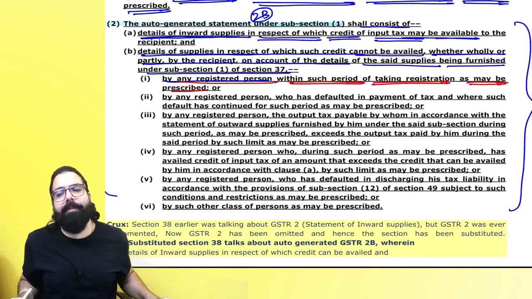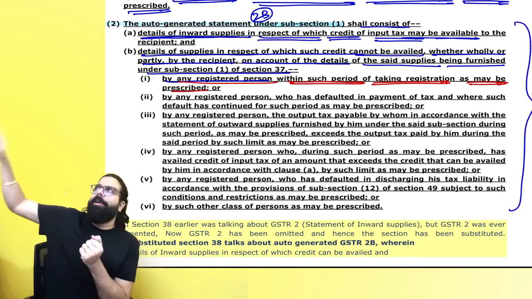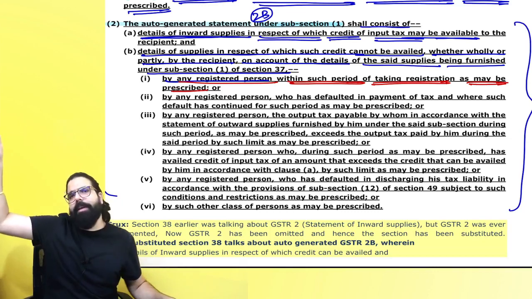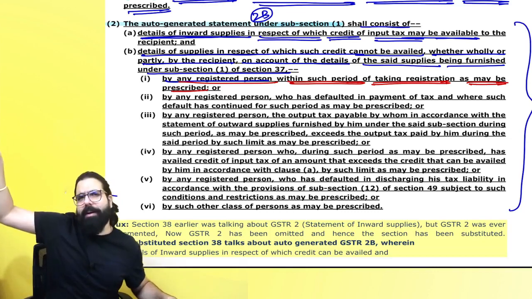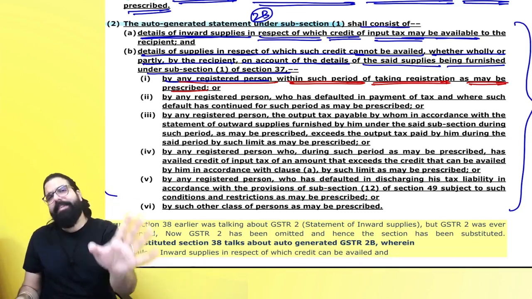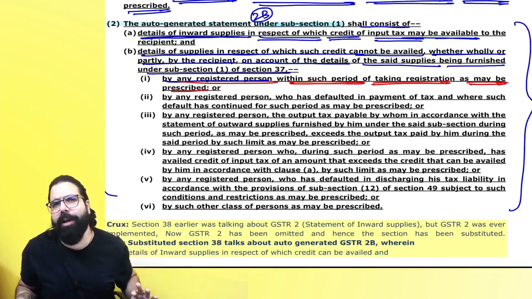Nothing has been prescribed now, but the government is telling, if one person takes registration, then between this period, if he is showing details in GSTR1, it will go to the recipient's GSTR2B restricted column, hence the recipient will not be able to take the credit.